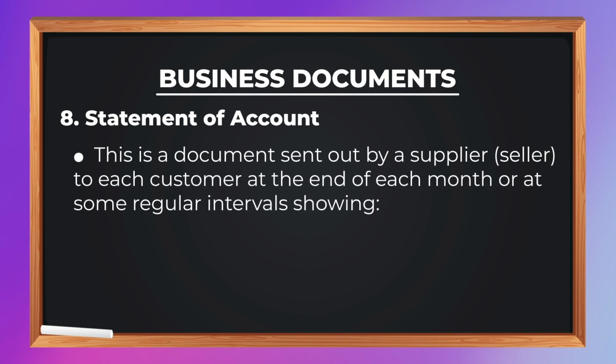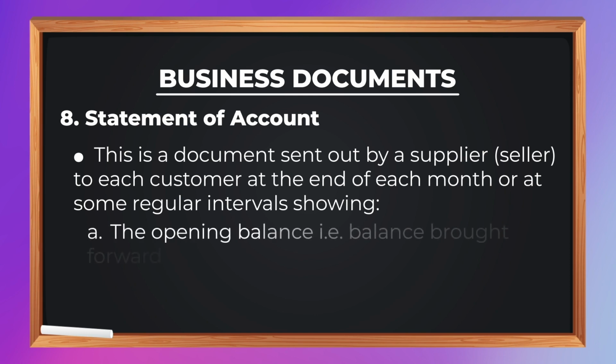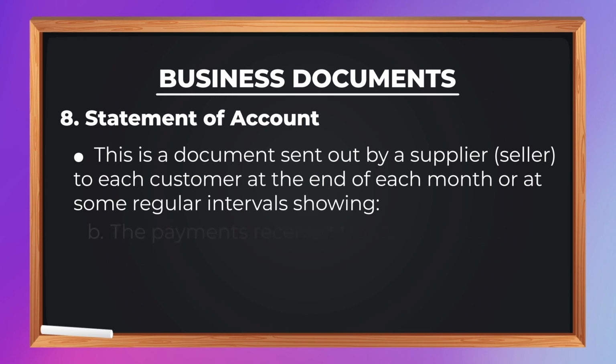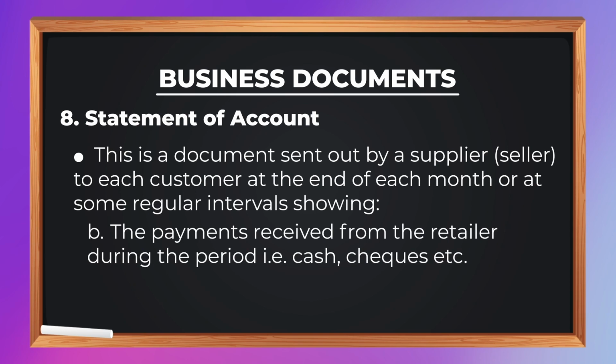The statement of account shows the opening balances, whether the buyer is owing the seller or whether he has some funds with the seller. That's the balance brought forward. It also includes all transactions that were made within a specific period of time.